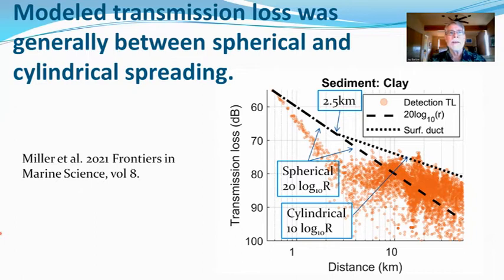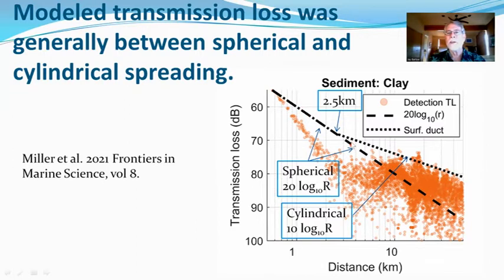Brian and his collaborators modeled transmission loss in their paper and found that it was generally between spherical and cylindrical spreading. So out to 2.5 kilometers, he found that modeled transmission loss was actually less than would be predicted by spherical spreading, which is this dashed dot line.